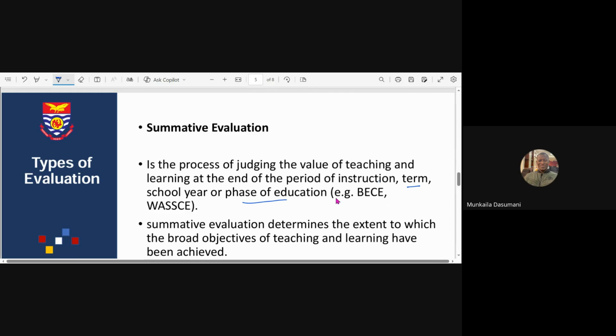The phase of education can be BC. At the end of 3 years, you write WASSCE. At the end of the 3 years, you write BC, phase of education. So at the end of the period of instruction, maybe you write first term, second term, every term, or maybe at the end of the year.